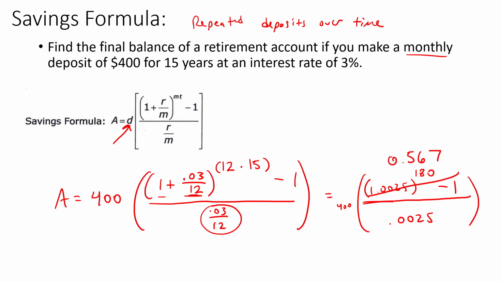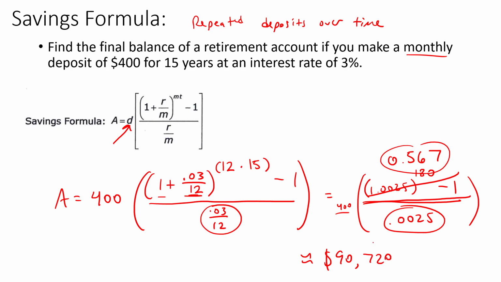Now divide, right, the top number by the bottom number, hit enter or equals, and then multiply that by the 400. And so I'll do that. And multiply by 400, and I get about $90,000. 90,720.